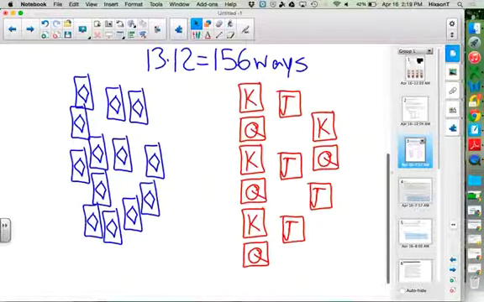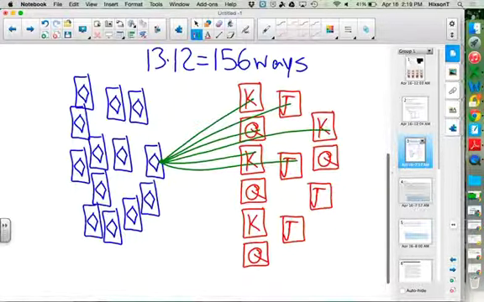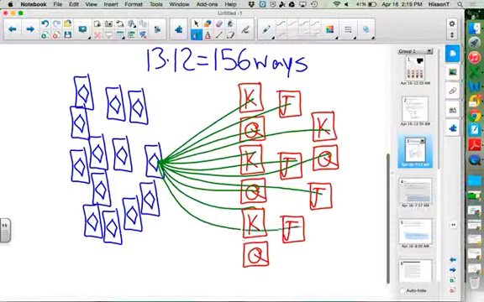Now the reason why this works is because for every one of these diamonds, I could have picked this diamond and the king, or this diamond and the queen, or this diamond and the jack, and so on through all 12 face cards.